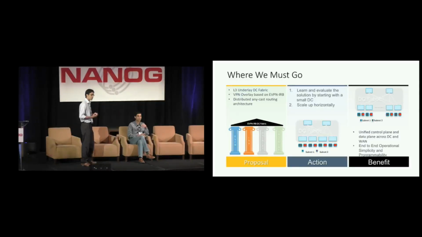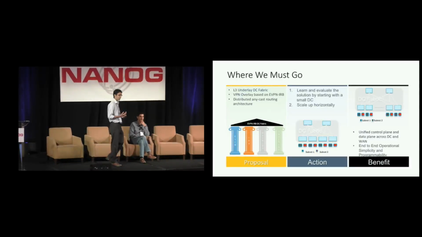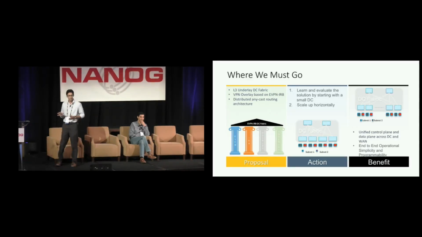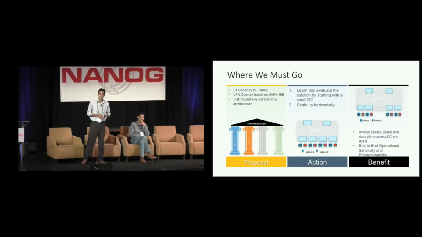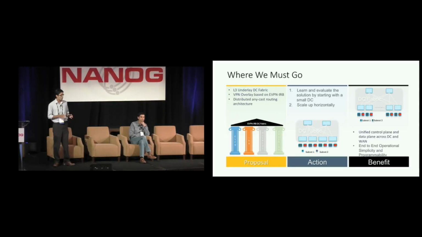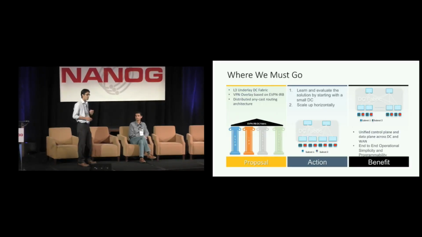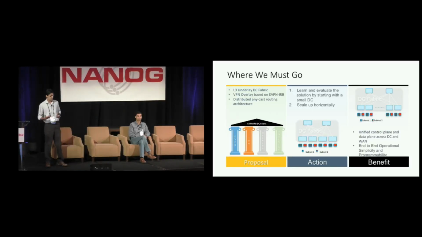So the solution which we are going to present today is a data center architecture based on a layer 3 routed fabric underlay combined with layer 2, layer 3 VPN based on EVPN-IRB control plane and distributed routing architecture. I hope by the end of this presentation, we will generate enough interest in you that you will take a next step and learn more about this technology.